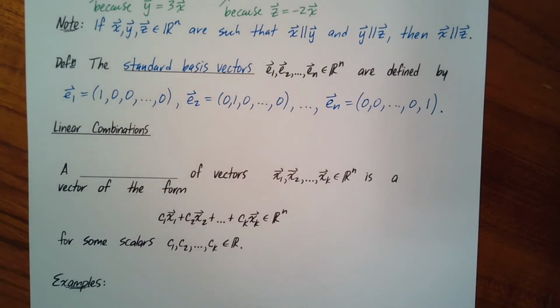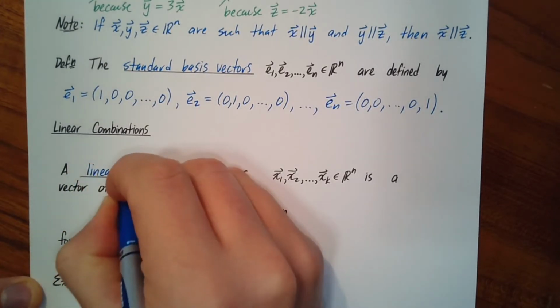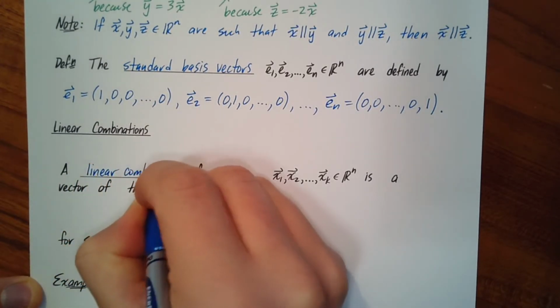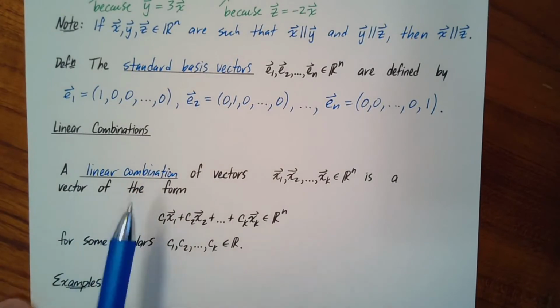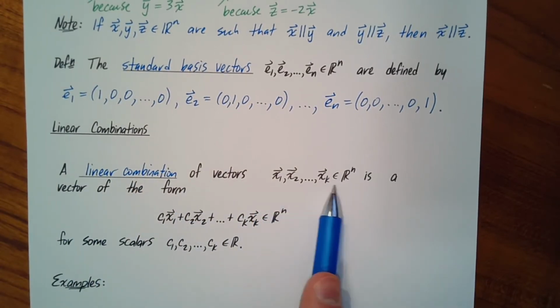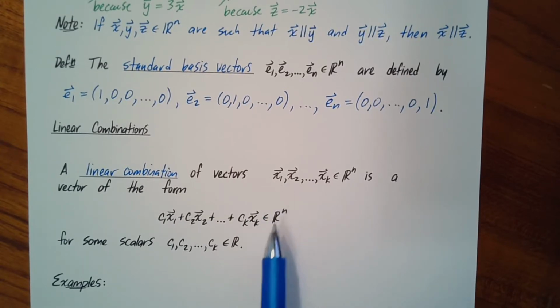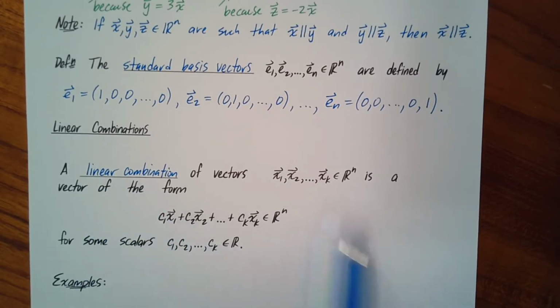Okay, so this new term, linear combination, that's what we're going to say here, a linear combination of these vectors. So these are understood to be fixed in the background. We're not defining these vectors. They would have to already be given to us before we can talk about a linear combination of those vectors.